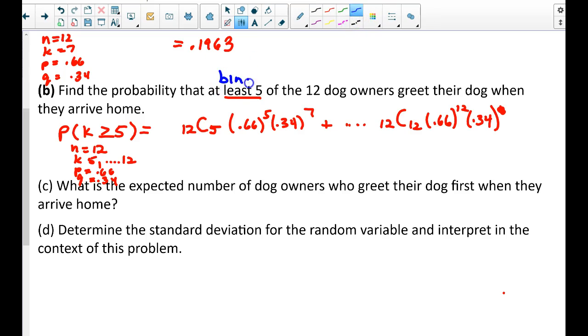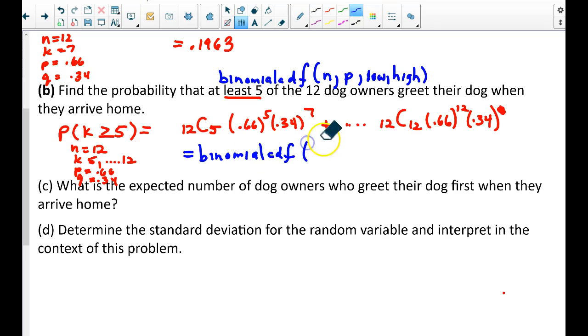It's going to be binomial CDF, cumulative density function, and it's going to be N, fixed number of trials, P, the chance of success, the lowest value, and the highest value. So let's write that out. This is both the substitution into the formula and the command line is what I would expect on a test.